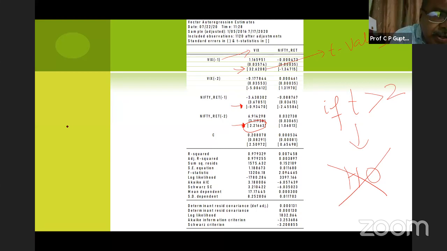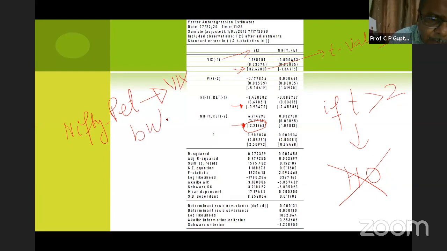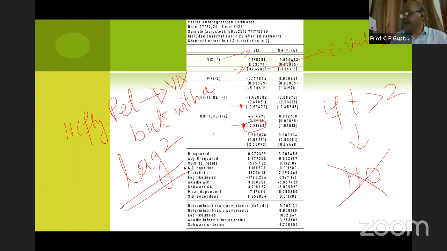Implication of it is Nifty return Granger causes VIX, but with a lag 2. Is that clear?